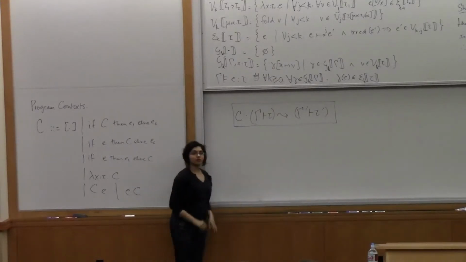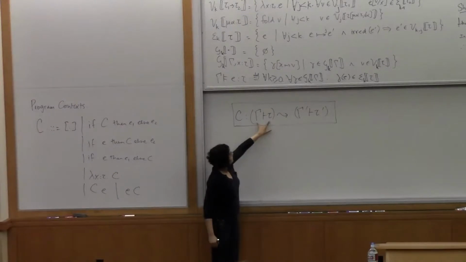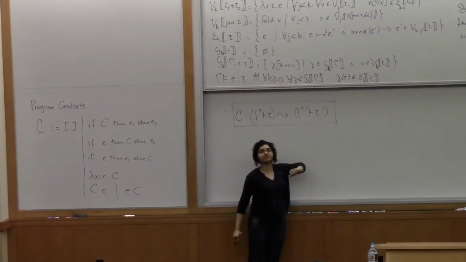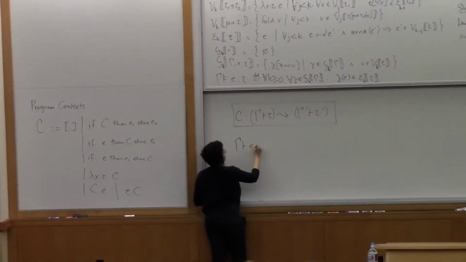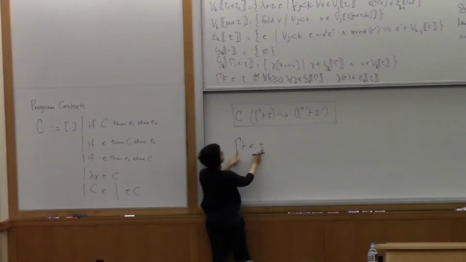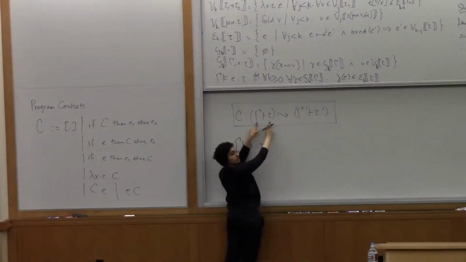Okay? So when we say that a context C has this type, we mean that this is the type of the whole, and this will be the type of the entire expression after it has been plugged. So in particular, if you have a context of this type, and you are given an expression of this type, notice that this E has type tau under gamma, right, which matches the type of the whole.